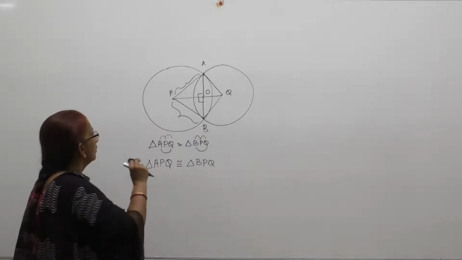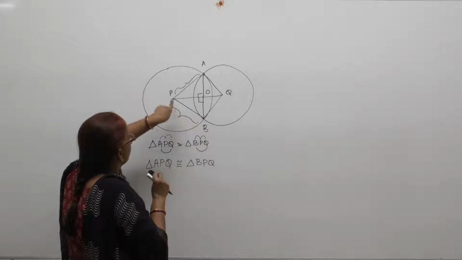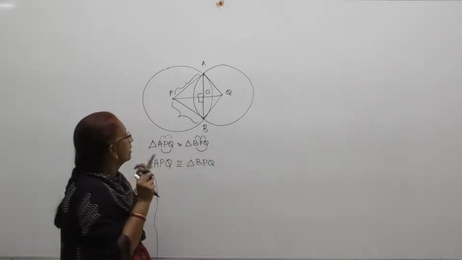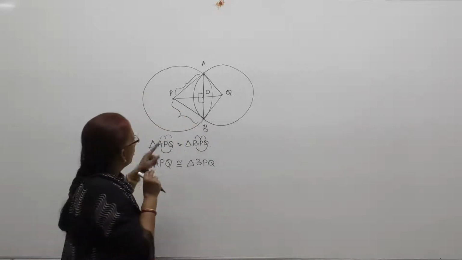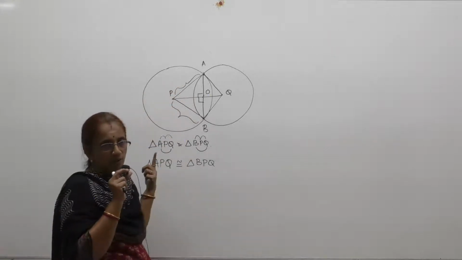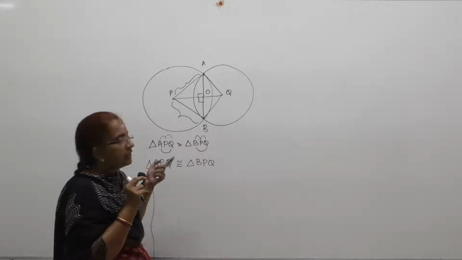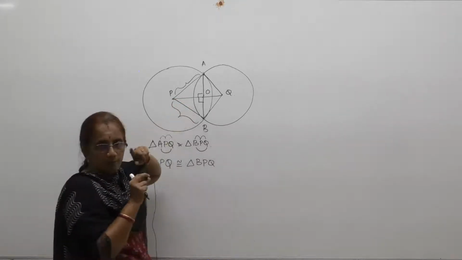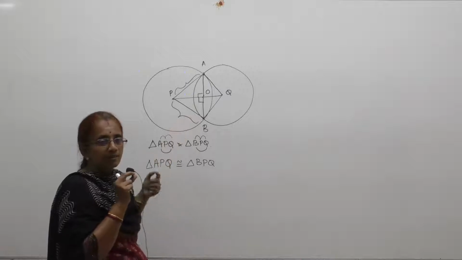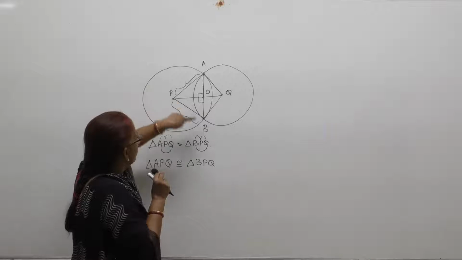Say for example, if you want to prove that triangle APO and triangle BPO are congruent, what can you say about it? You only have PB equal to AP and you have PO as the common side. That's all you have. You cannot find any angles or any other sides of these two triangles equal in order to use SAS or SSS or AAS or anything, because all you know is that AP and PB are equal.